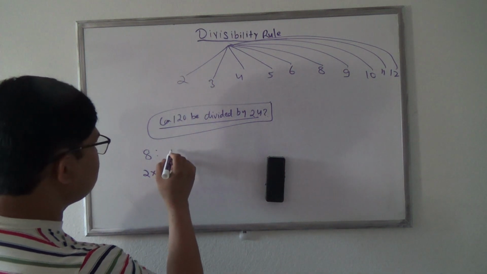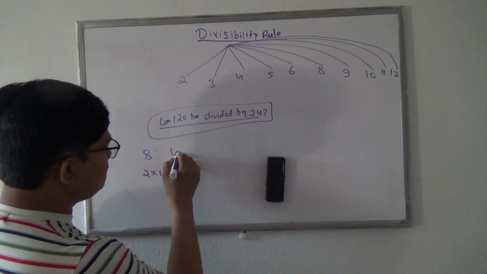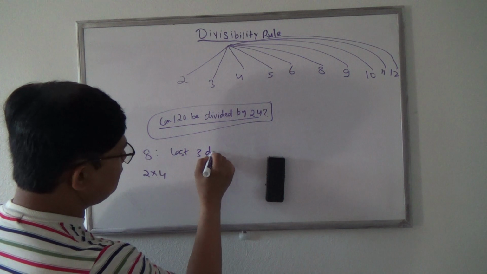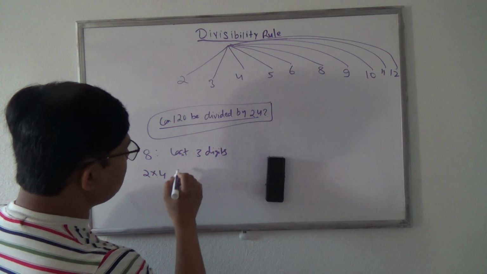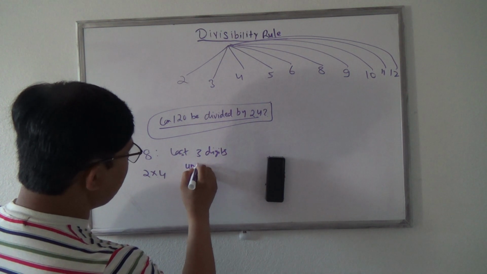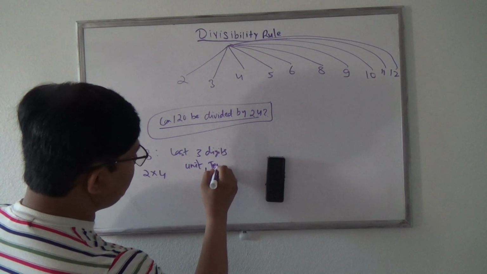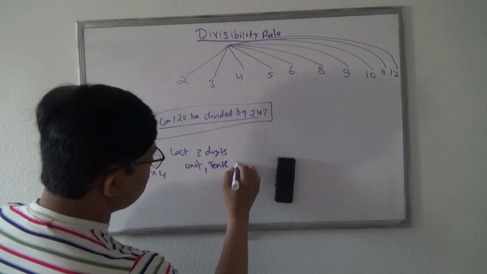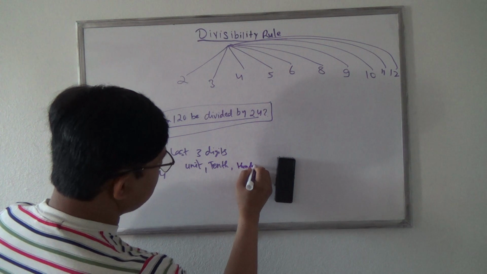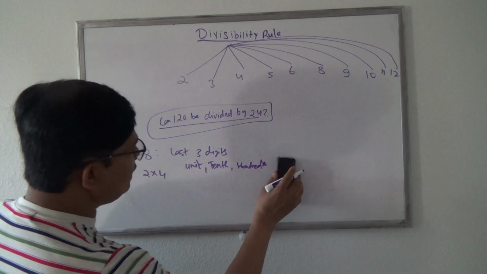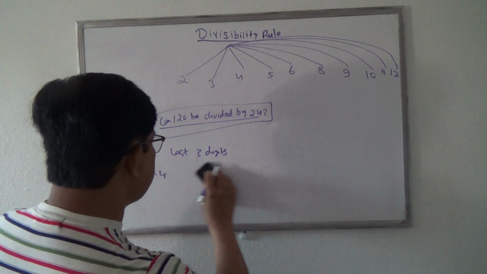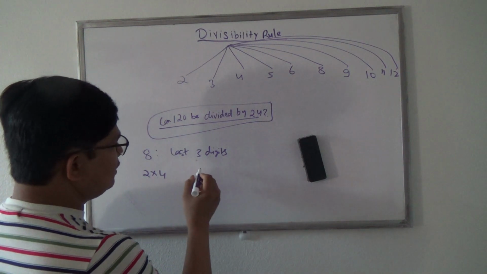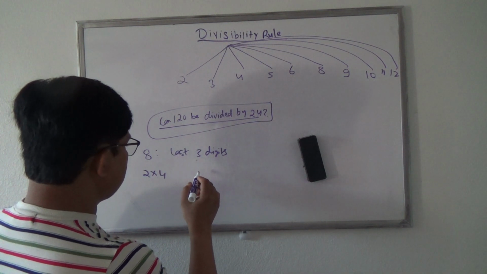Another way is to check the last 3 digits, the digits at the unit place, tenth place and hundredth place. So 3 digits you have to check. Let's take an example.